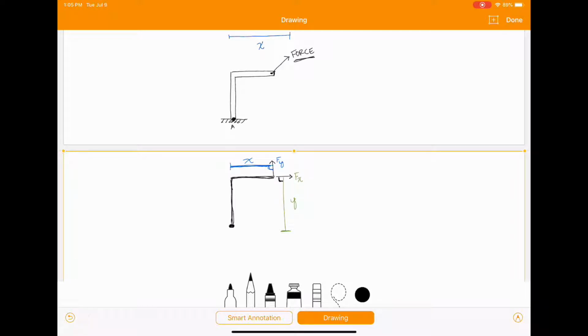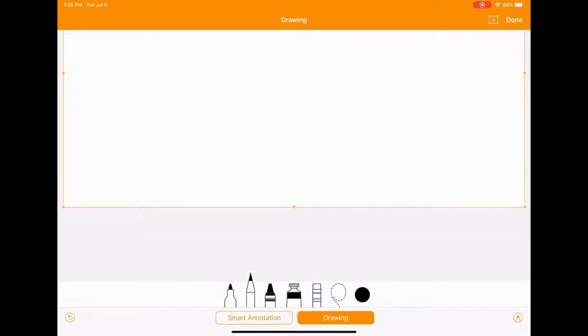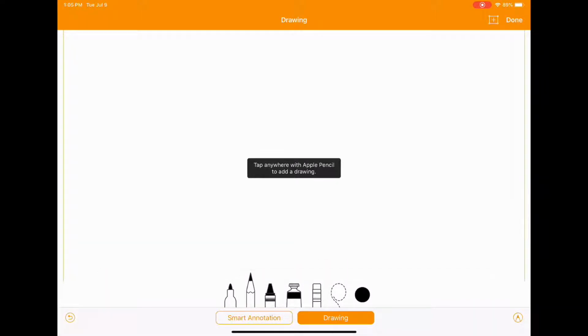So for the moment about point A, it's going to be the y component times that x distance plus the x component times that y distance. So now that we understand a little bit of the basics of what's going on, let's go ahead and do an example.